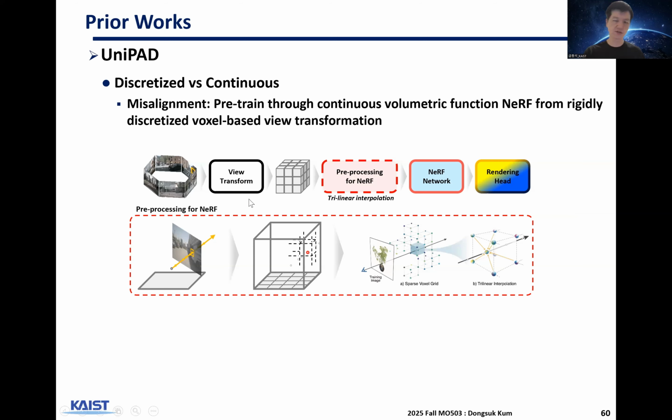If you take a look at this pipeline, we have image input, and this is, let's say, the 2D feature set, and then it goes through view transform, and then we have the voxel, 3D tensor feature set. And then we add this NeRF network, which basically renders RGB and depth from this 3D feature set.